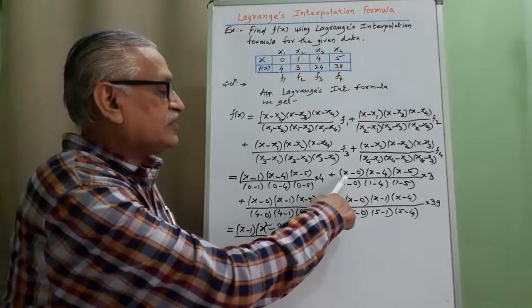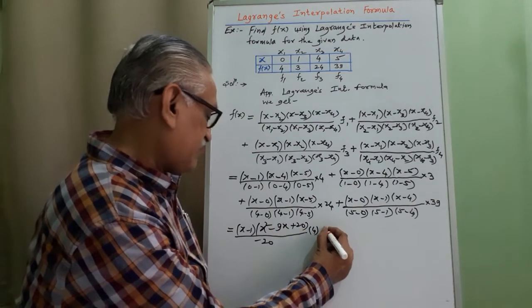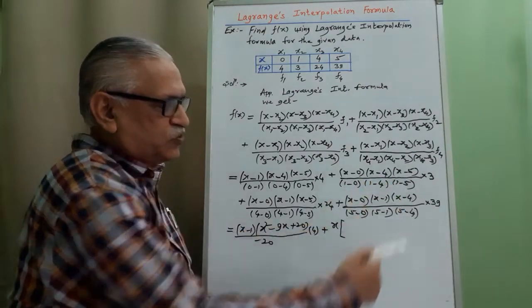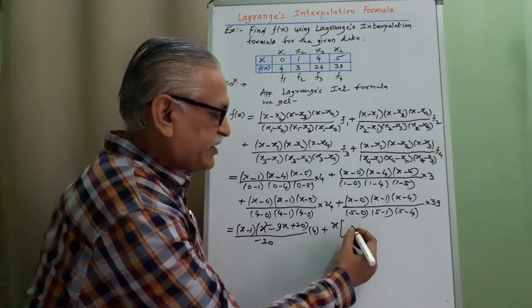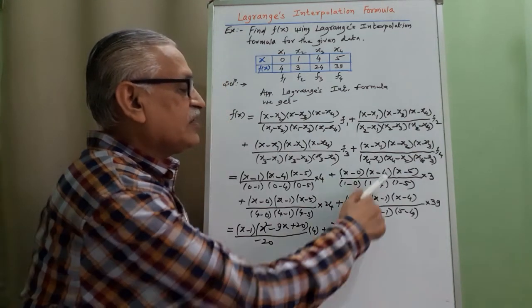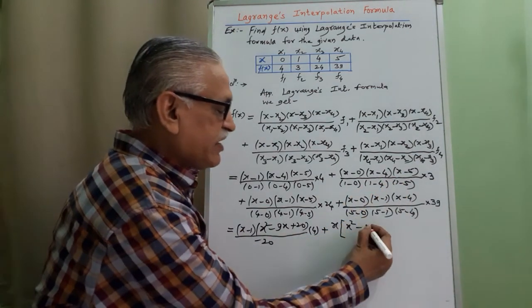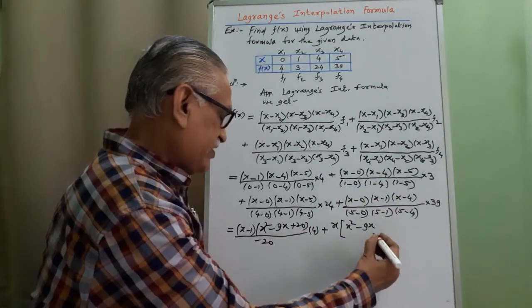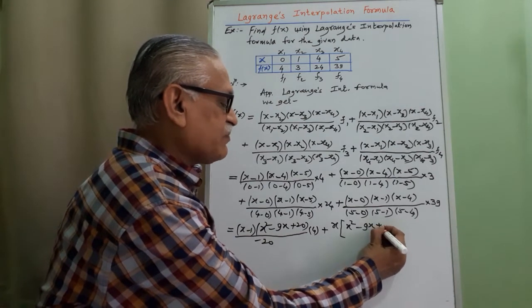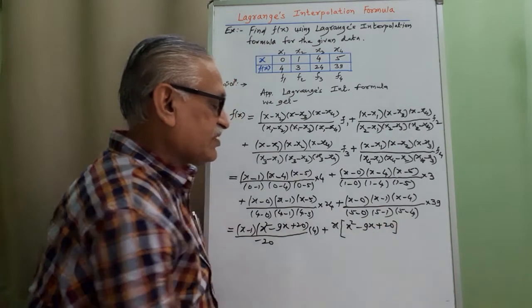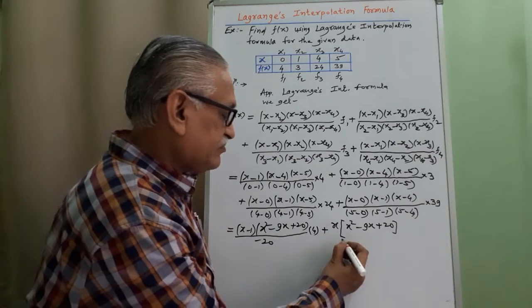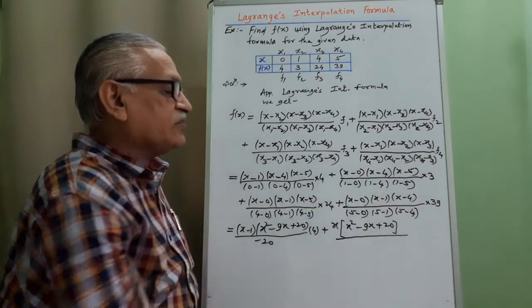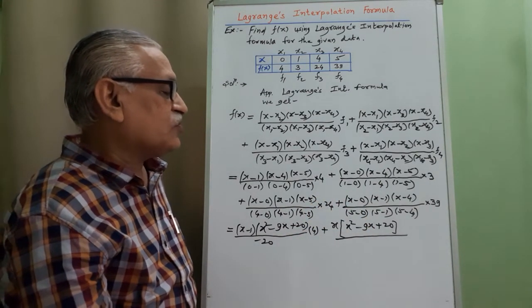Simplification. Next, x minus 0 we get x, and the product of these two terms, once again x into x we get x square, minus 4x minus 5x we get minus 9x as a sum, and 5 4s is 20, minus 20 and minus, it becomes plus 20, whole divided by 1 into minus 3 into minus 4.